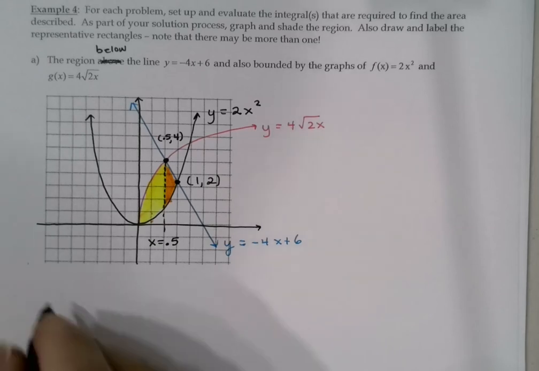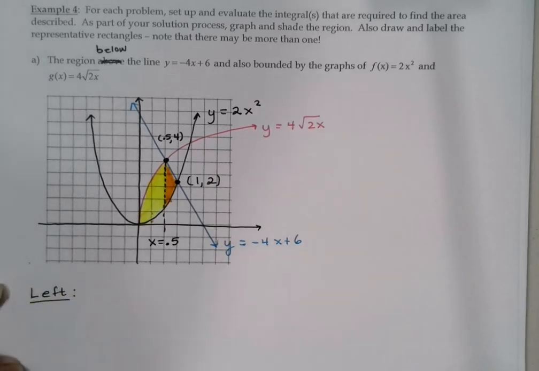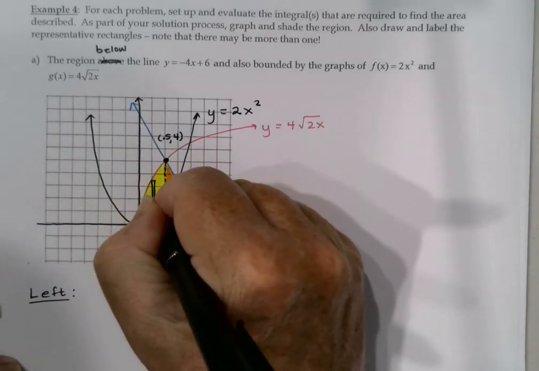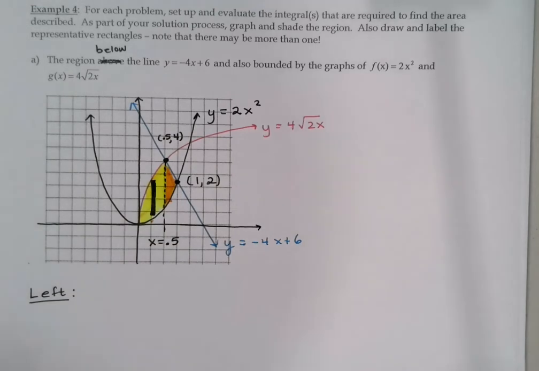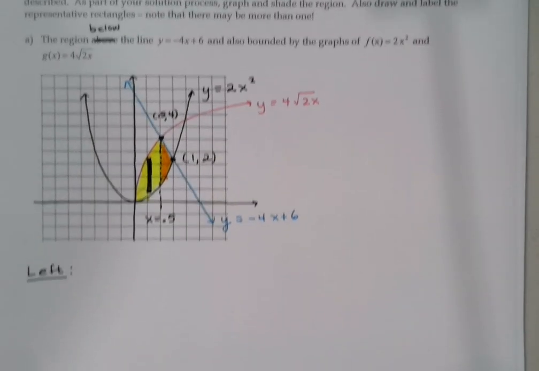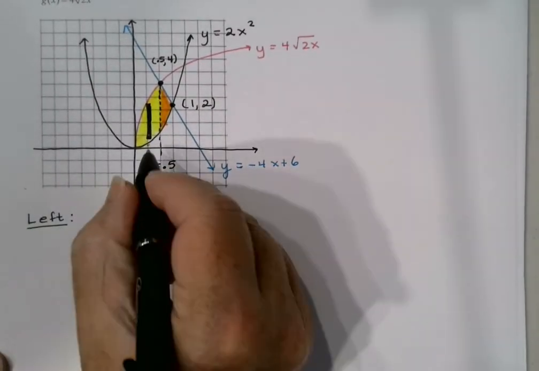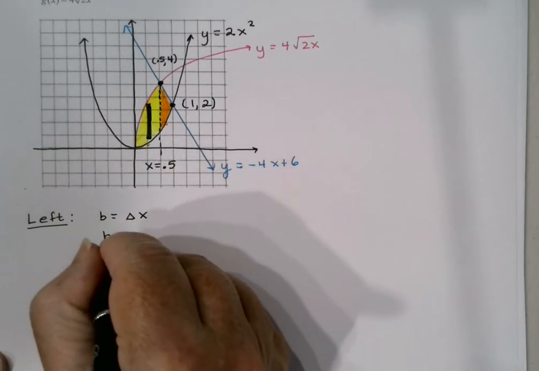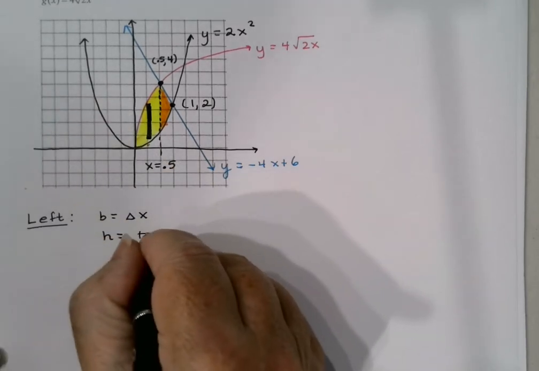All right. The region on the left, it's this one. If I think about my representative rectangles, this diagram is getting a little bit cluttered, so I'm going to go ahead and do my work down here. The base would be a little piece in the x direction, so delta x. The height, I'm going to go top minus bottom.